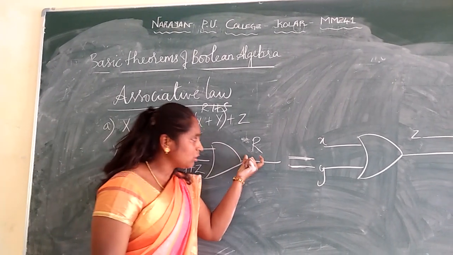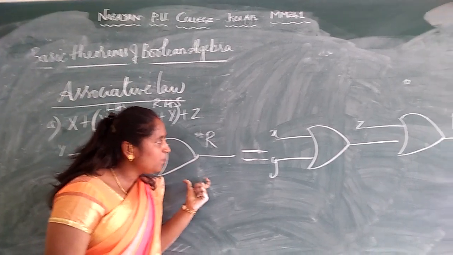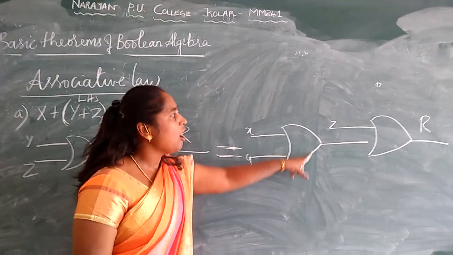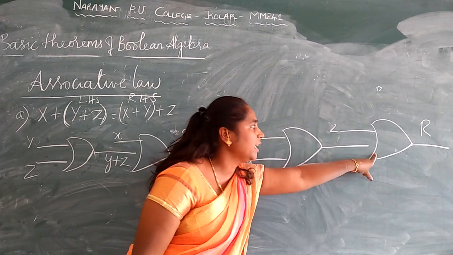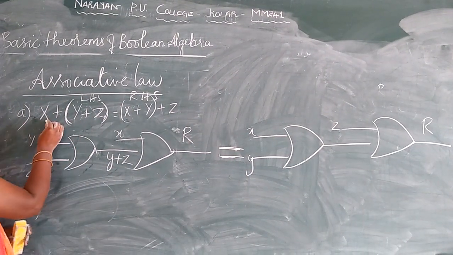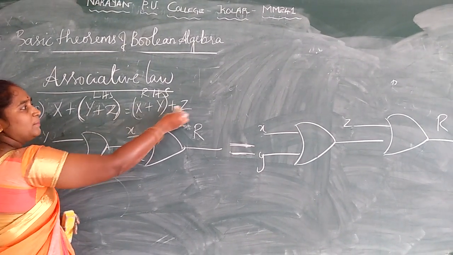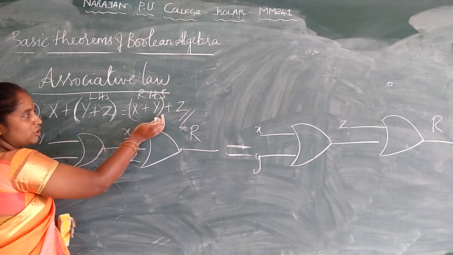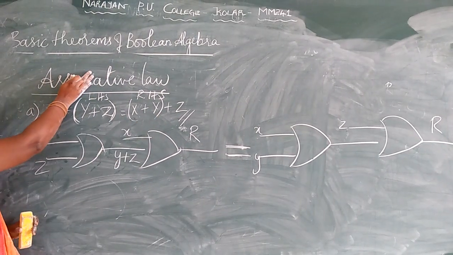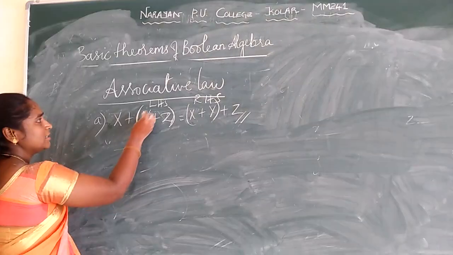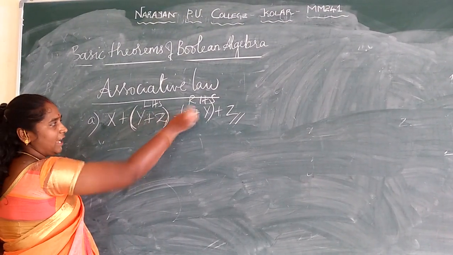Then the result you get should be equal to x plus y OR gate along with your z. So you have to prove this: x plus y plus z is equal to x plus y in the bracket plus z. This condition should be solved under your associative law. This will be your LHS and this is your RHS.